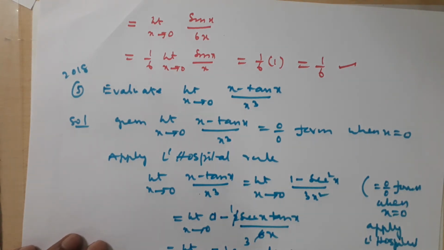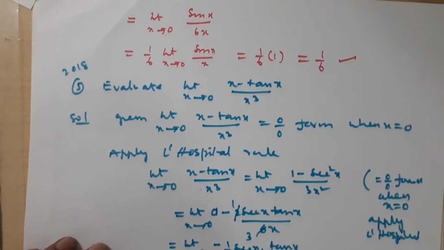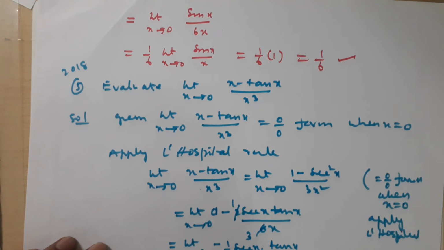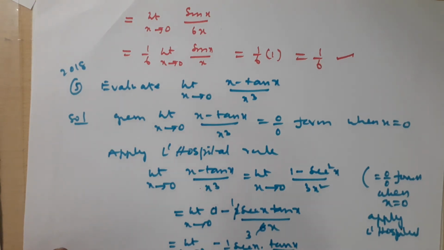So apply the limit for this and for this, automatically minus 1 by 3 into 1 into 1 is equal to minus 1 by 3.